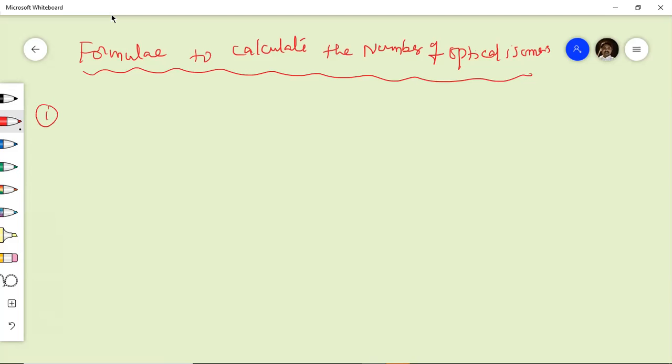The first point, stepwise we will understand. First step: in molecules with n number of asymmetric carbon atoms, and which are not divisible into two equal halves.